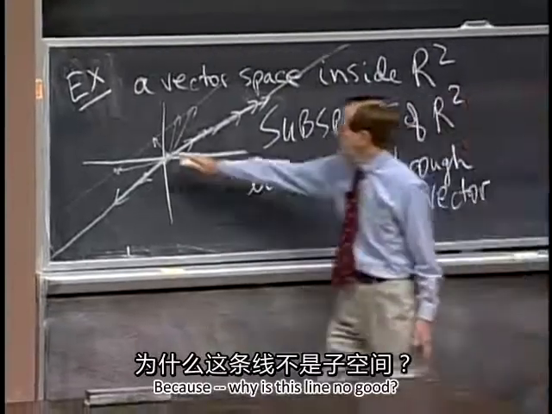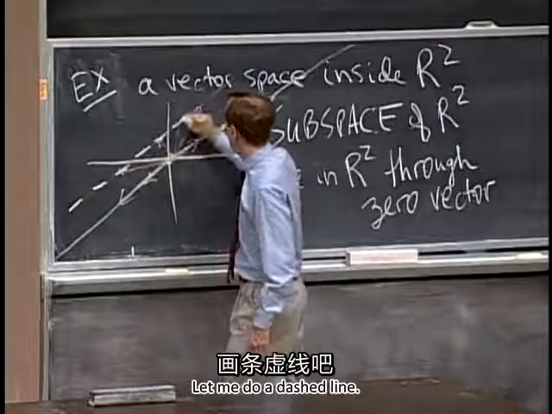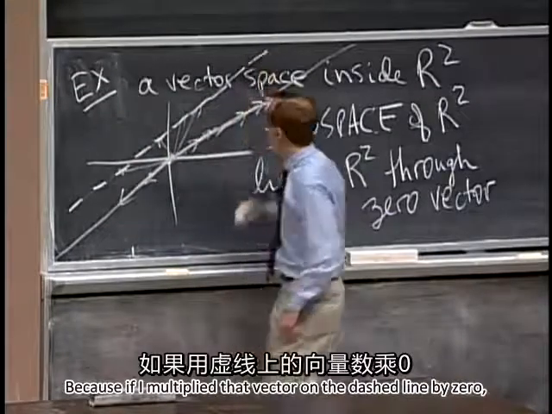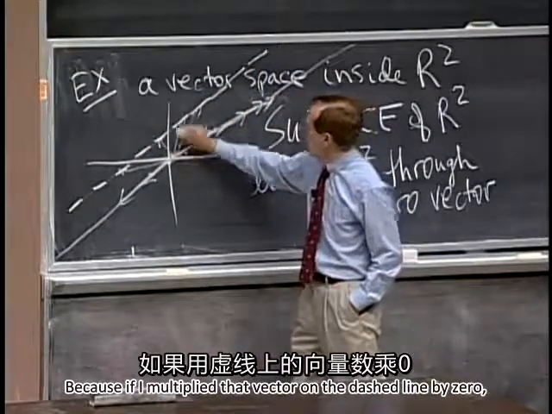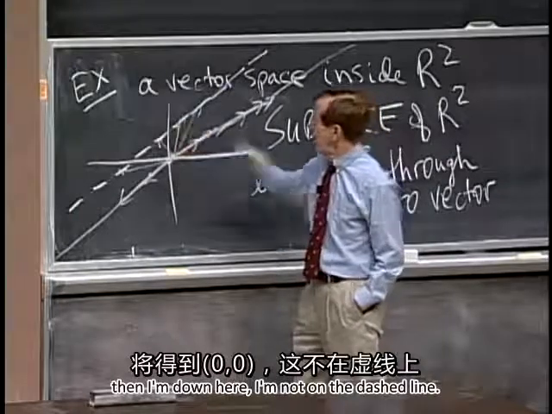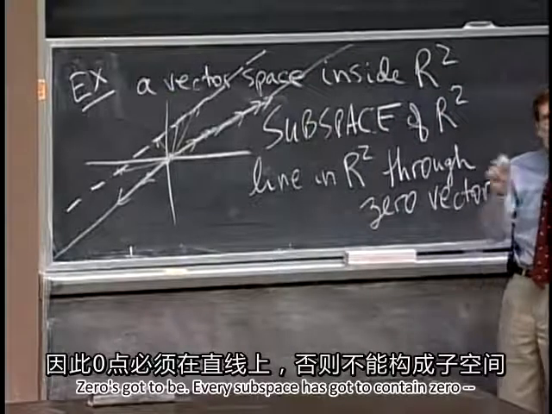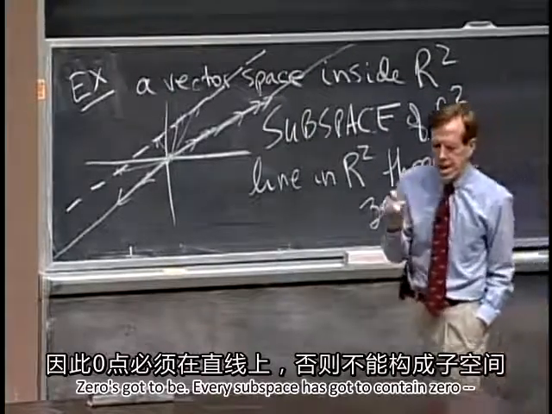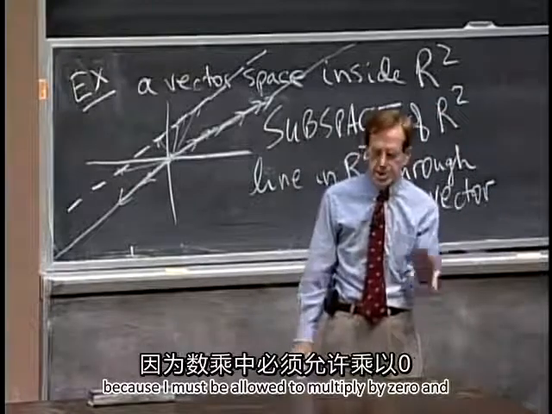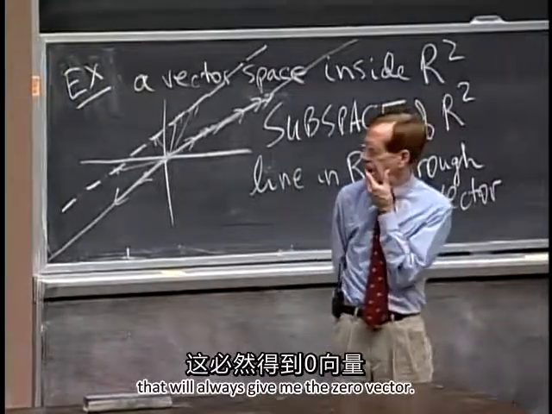Because why is this line no good? Let me do a dashed line. Because if I multiply that vector on the dashed line by 0, then I'm down here, I'm not on the dashed line. 0's got to be. Every subspace has got to contain 0, because I must be allowed to multiply by 0, and that will always give me the 0 vector.